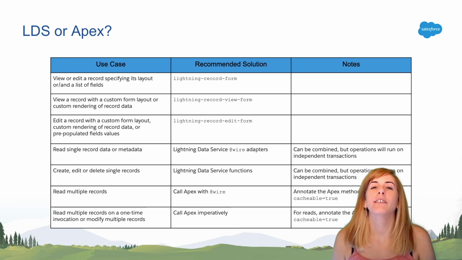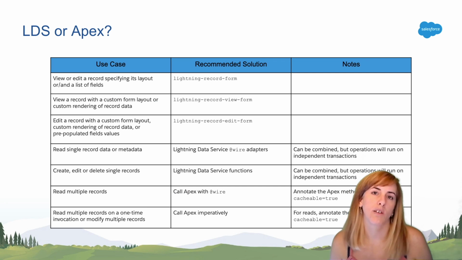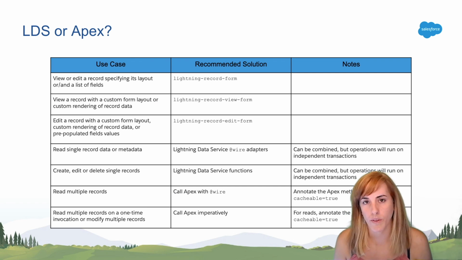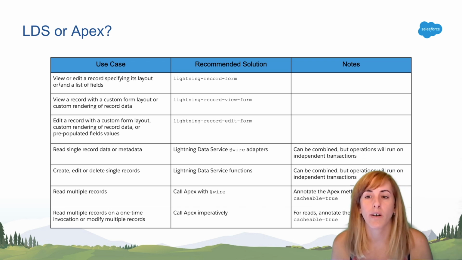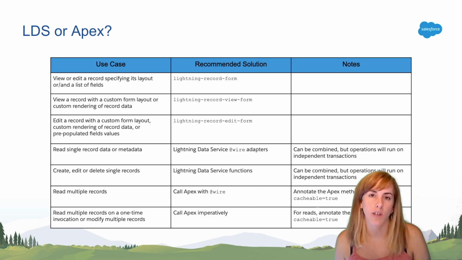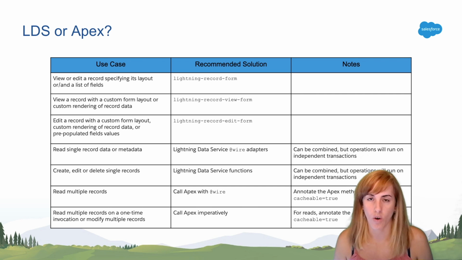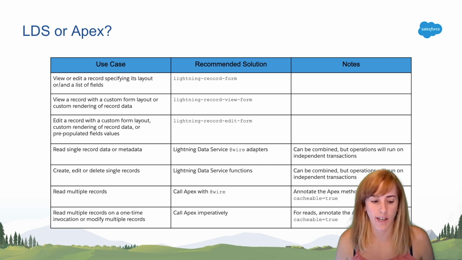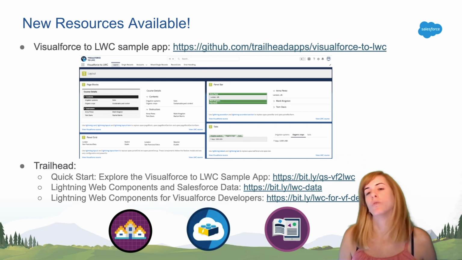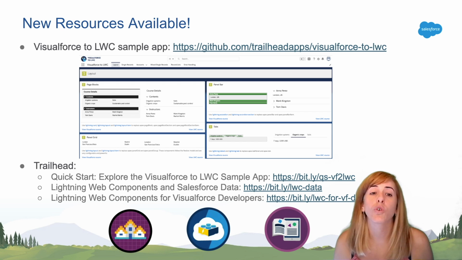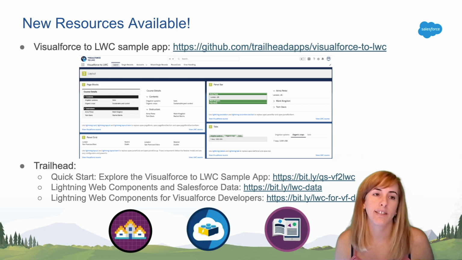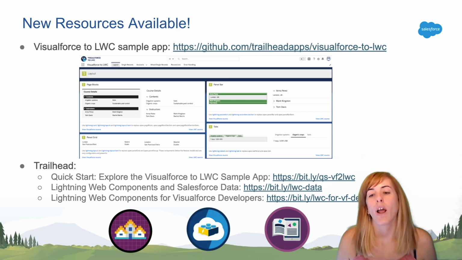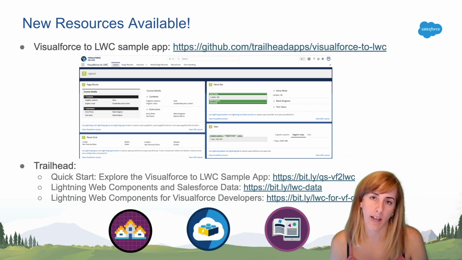So, as you have seen, there are many ways in which you can work with data in Lightning web components. This is a table that summarizes the different options and when to use each of them. And this table is part of a Trailhead module that I'm going to show you in a second. I also showed this in the previous webinars. We have created some new resources to help you move from Visualforce to LWC.